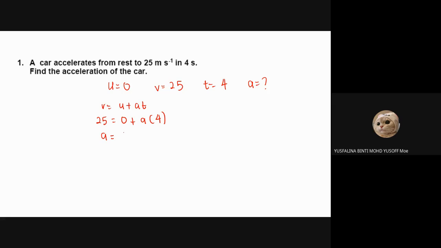Is the unit correct? Acceleration is ms negative 1 or ms negative 2? Yes, ms negative 2. For this one, I let you try first, and then we call someone to answer.